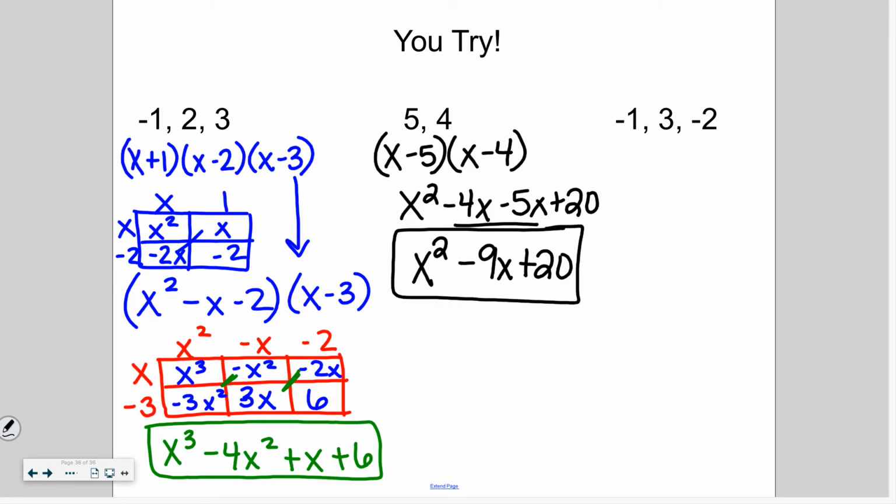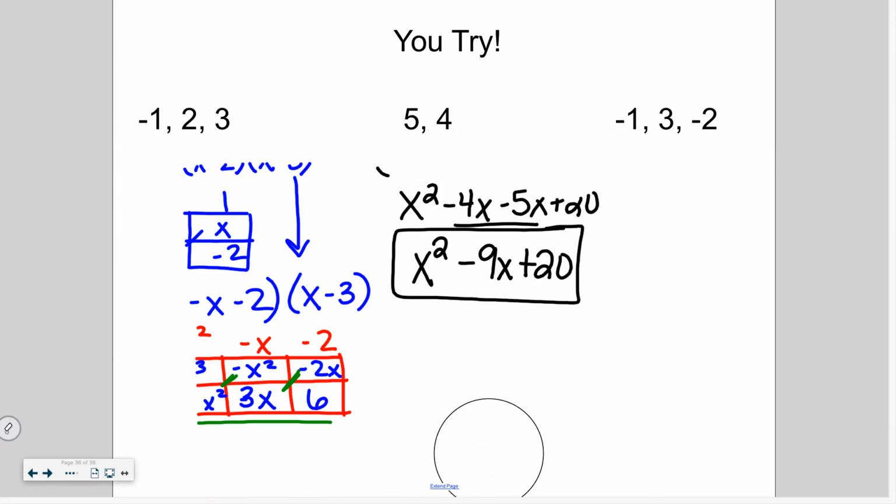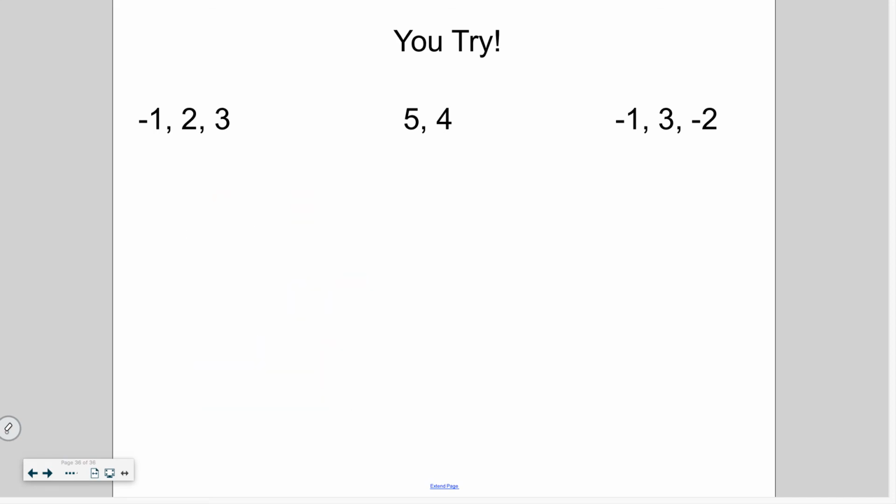And that's your answer. All right, I'm going to erase these two so that I have room to do this last one. So we have x plus 1, x minus 3, and x plus 2.